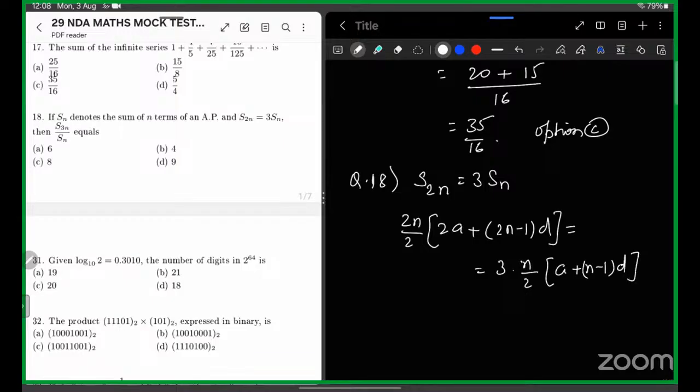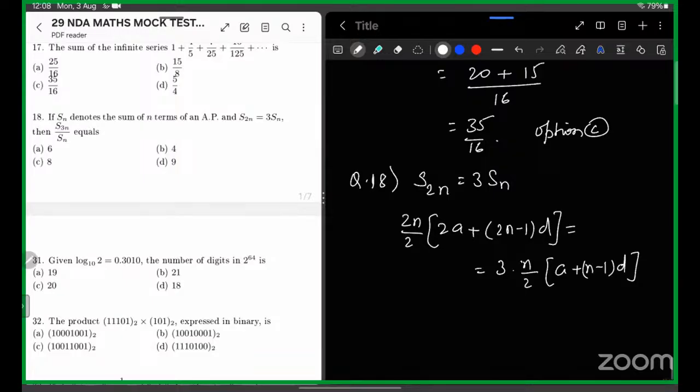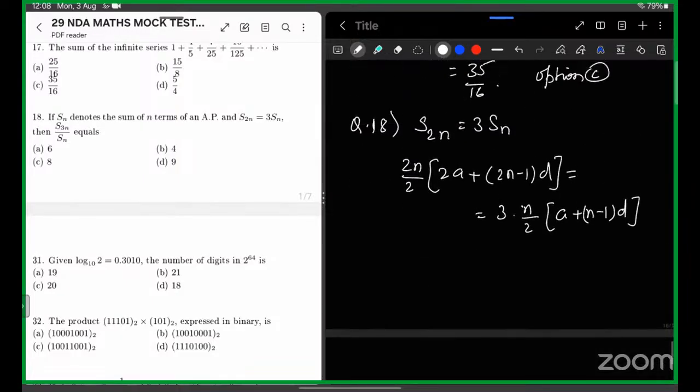Okay, now you try to solve it. Both sides, what all terms you can cancel? n by 2 will get cancelled out.